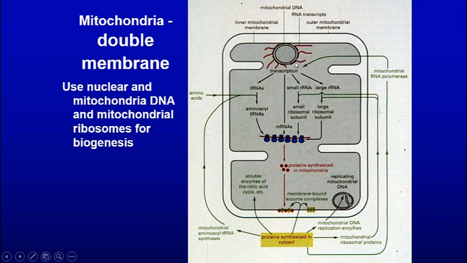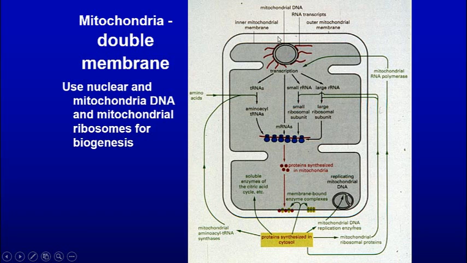So this is the mitochondria here, and you can see cytosolic proteins are incorporated. They're incorporated with the transfer RNA, with the ribosomal RNA, and with telling the cell to transcribe, as you can see, or even to replicate the DNA.